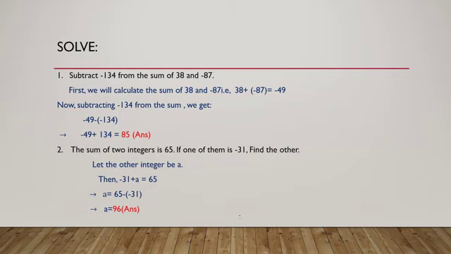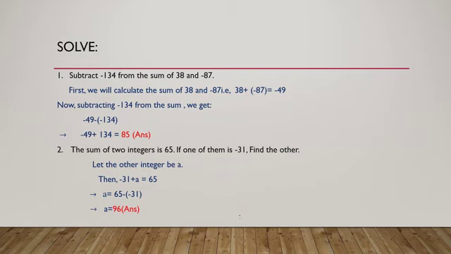Since the face value of 87 is more, your answer will be minus 49. Now from minus 49 we have to subtract minus 134. Minus minus becomes plus as we remove the bracket. So minus 49 plus 134 gives us 85. This is how we solve this sum.